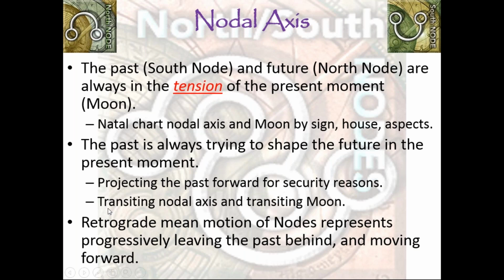And you look at how we're doing it through where the transiting nodal axis is taking place and through the transits of the Moon, moving through a sign every 2.5 days. One more time, the nodal axis moves retrograde by mean motion. So even though the past tries to project itself forward, the retrograde mean motion means that we are progressively leaving the past behind and making an attempt to move forward.